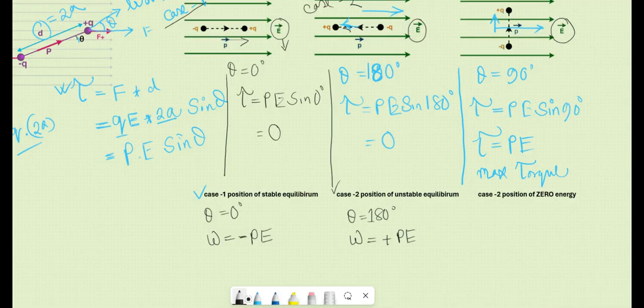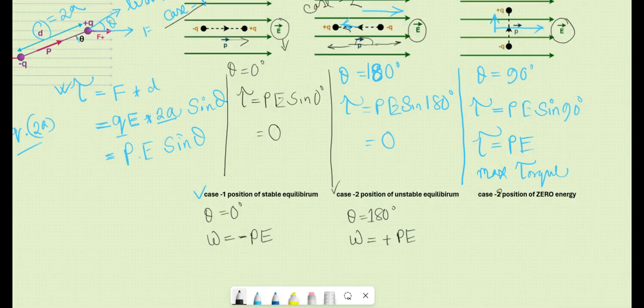It means the potential energy of a dipole is maximum when the dipole moment is anti-parallel to the external electric field, which is 180 degrees. So when it is 180 degrees, then we'll get the maximum energy of PE.